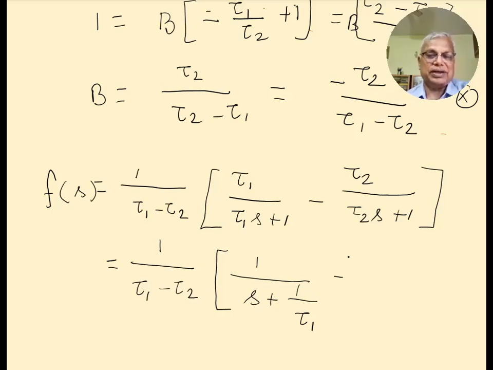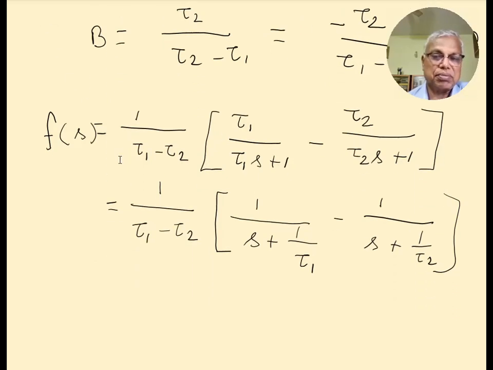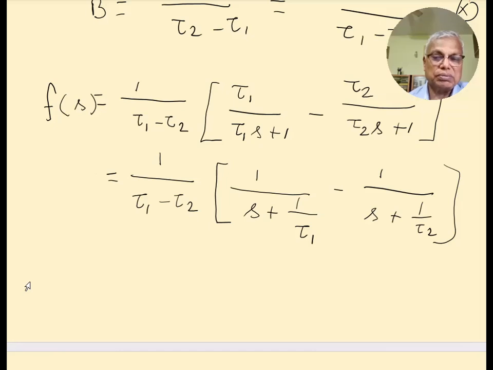Here I will divide numerator and denominator by tau 2. So it is 1 by (s plus 1 by tau 2). Now it is easier for me to take the inverse Laplace transform.